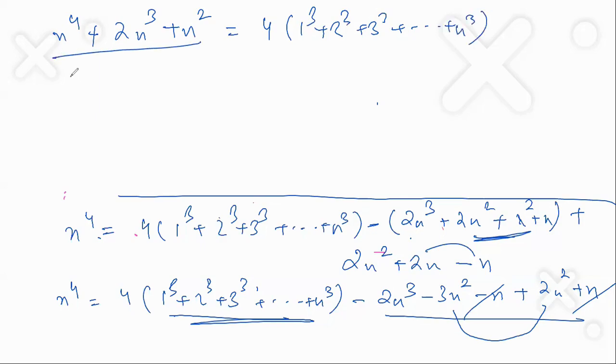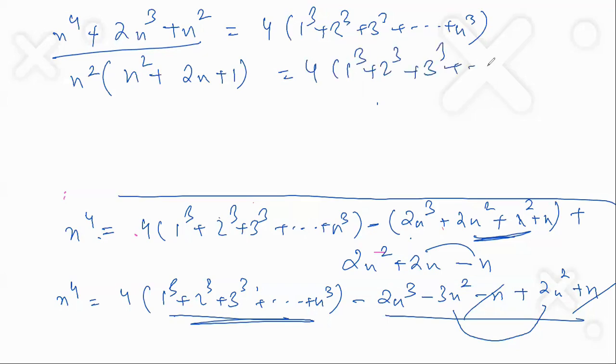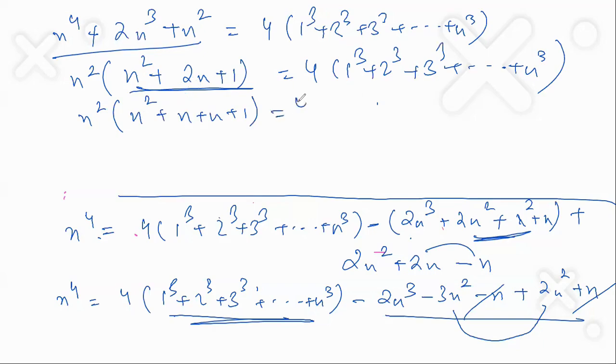Now we take n square common here. So I have taken n square common. It will become n square times 2n plus 1, that is equal to 4 times 1 cube, 2 cube, 3 cube, dot dot dot, plus n cube. So this is a quadratic equation. We can easily solve the quadratic equation by doing middle term splitting. Like this, I have taken 2n as n plus n.